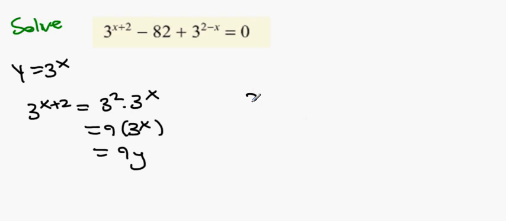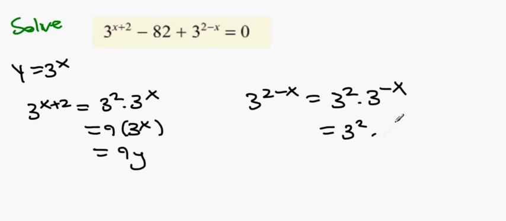The other one here, 3 to the 2 minus x, is going to be 3 squared times 3 to the minus x. The rule for 3 to the minus x is that it's 1 over 3 to the x. And then we're going to change 3 squared into 9.